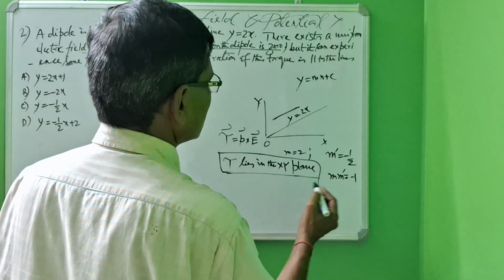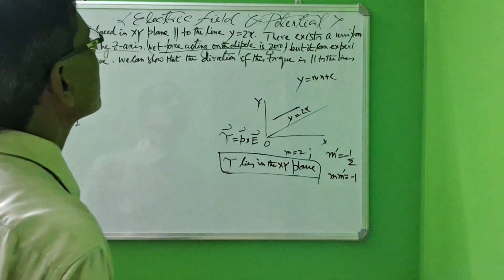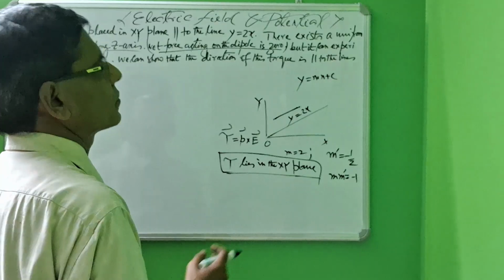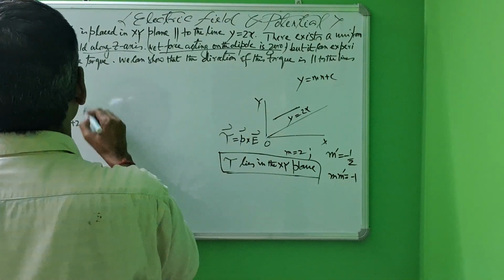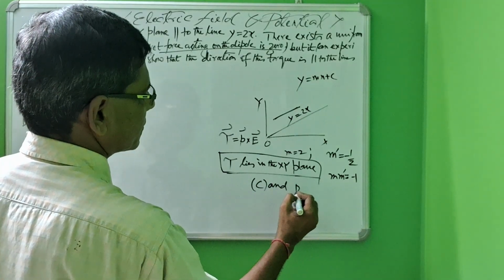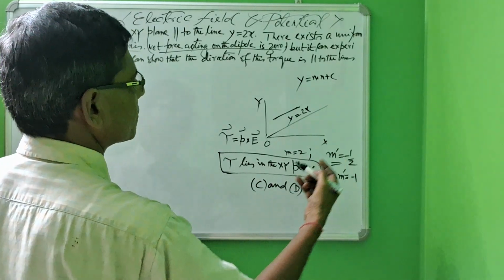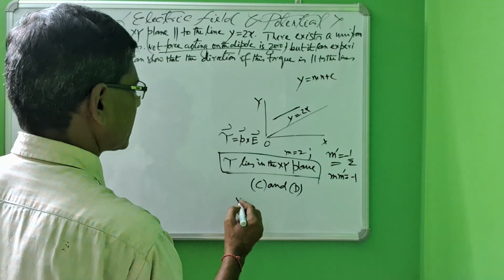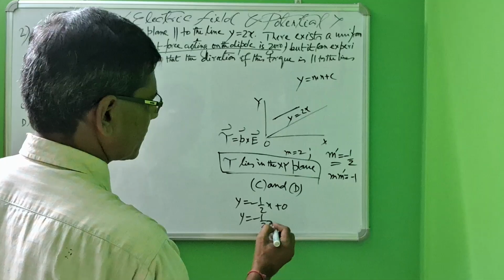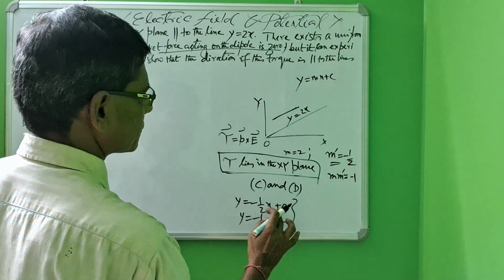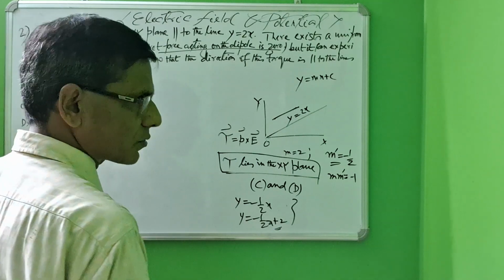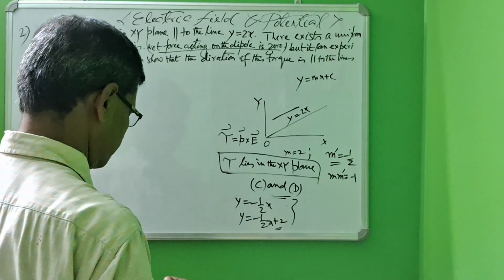So the equation of the line along which the torque is present can be given by these two, C and D. Because m dash equals minus half, the equation of the straight line can be y equals minus half x plus 0, or y equals minus half x plus 2. This one is passing through the origin, and this one is not passing through the origin. So the answer is C and D.